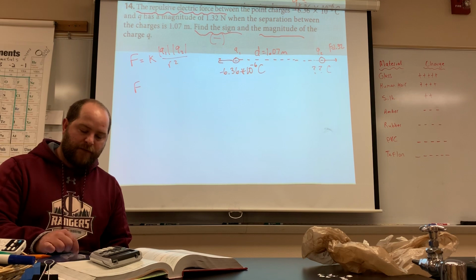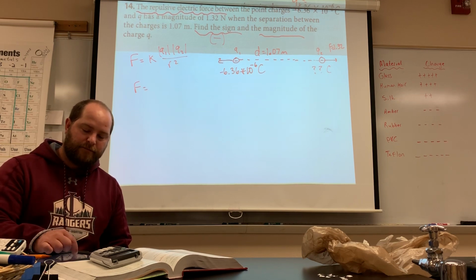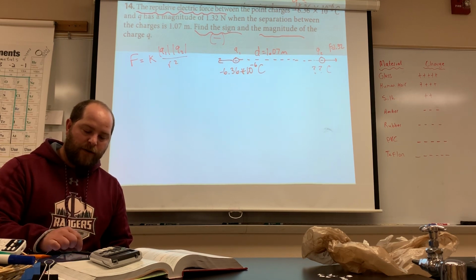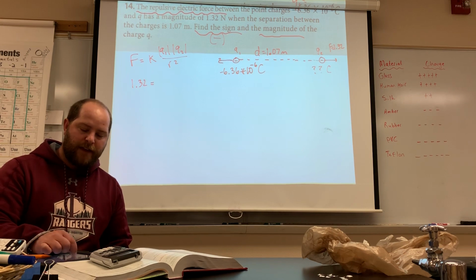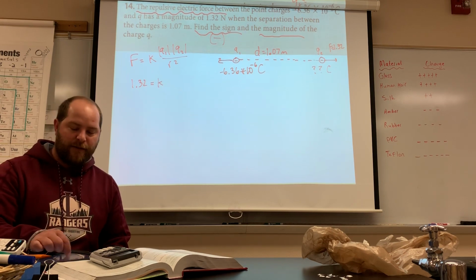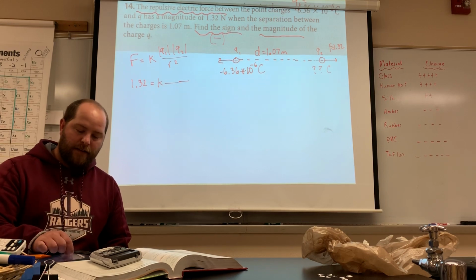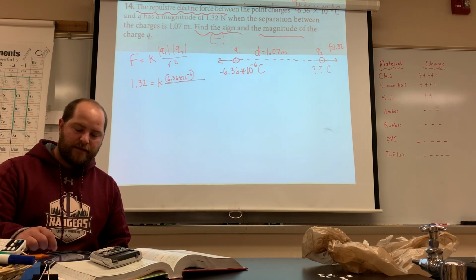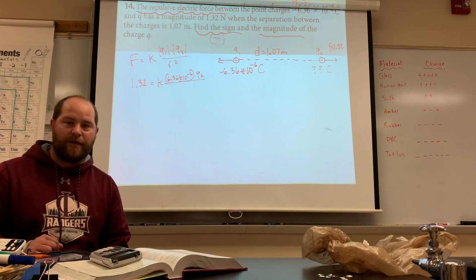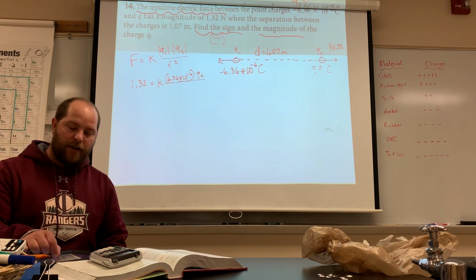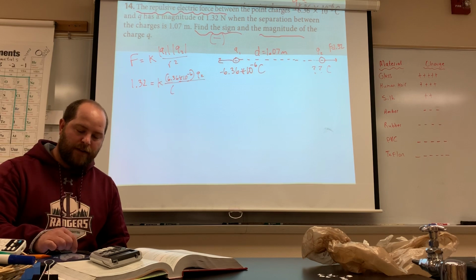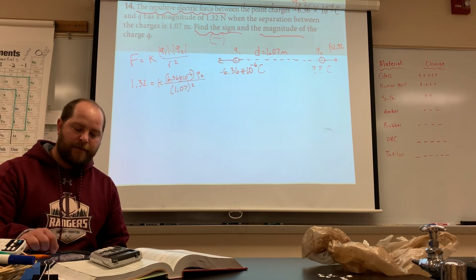All right, so for force, I can just plug in those numbers. So 1.32 equals K. I just leave it as K because I know what it is. Q1 is absolute value, so I'll just call it positive, 6.36 times 10 to the negative 6, times Q2, which is what we need to find because that's the magnitude, all over R squared, so 1.07 squared.